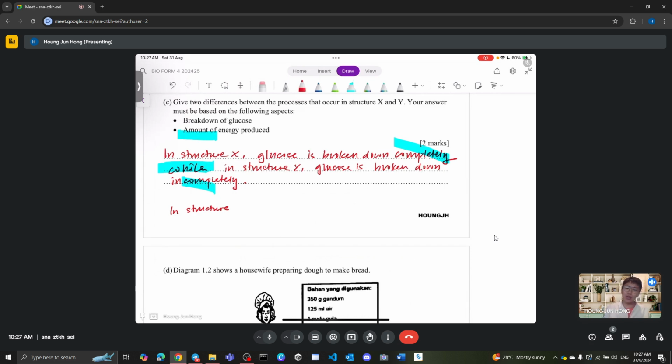If you remember, for structure X you have 2898 kJ energy, or you can say 38 ATP molecules are produced. Meanwhile, in structure Y, again if you remember, 210 kJ energy or 2 ATP molecules.